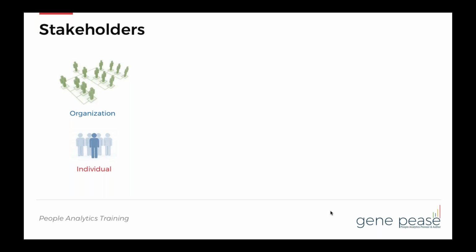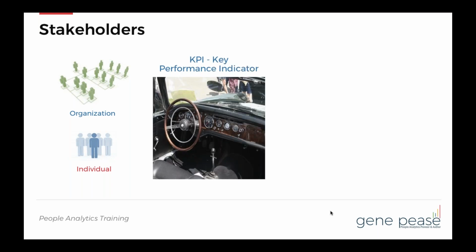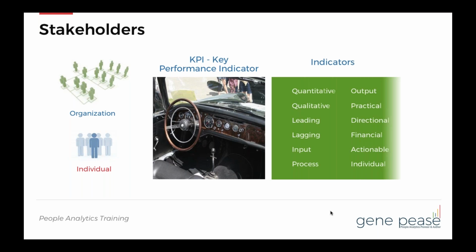Now, when you do this, though, one of the challenges we have is the vocabulary of KPI, key performance indicator. Now, originally KPIs came from dashboards where you could see how fast you were traveling at a glance, how much oil or how much gas was left on your trip. But unfortunately, KPIs have evolved into over a dozen different categories of indicators.